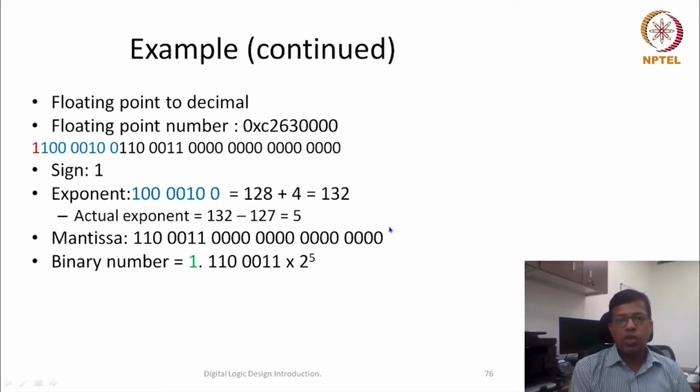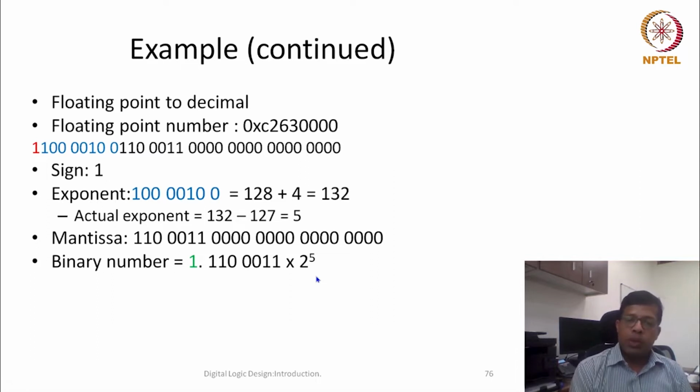I'm skipping all the trailing zeros because they don't count, so I add only up to the last non-zero bit, that means 1 1 0 0 0 1 1. And the exponent I got is 5, so times 2 to the power 5. This is the scientific notation of this floating point number.